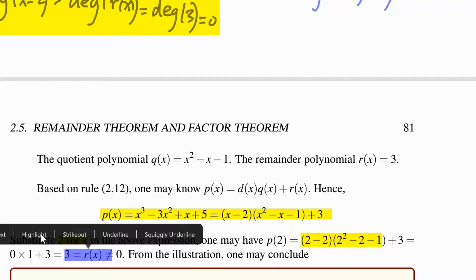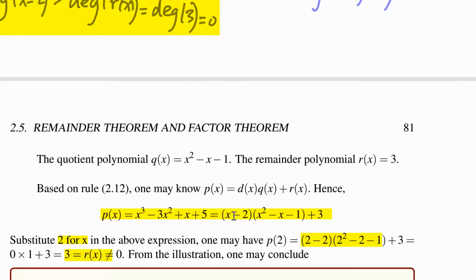So it's possible in this way to get the remainder without doing the division. What is the remainder? You probably still don't know how I actually got it.